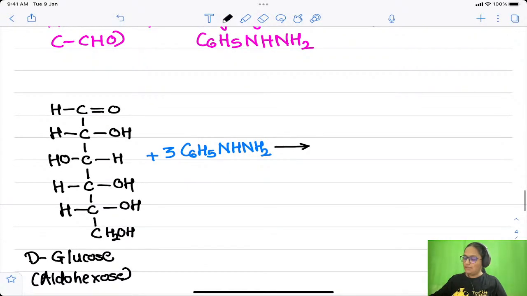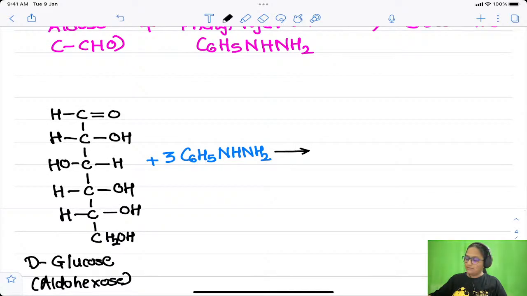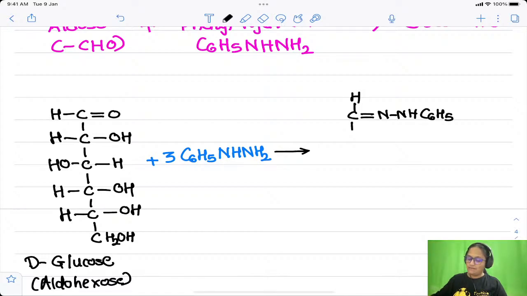In that product, this is your carbon number 1, attached to hydrogen, double bond N, NH, C6H5. Then this is your second carbon, which is also attached to N, NH, C6H5.